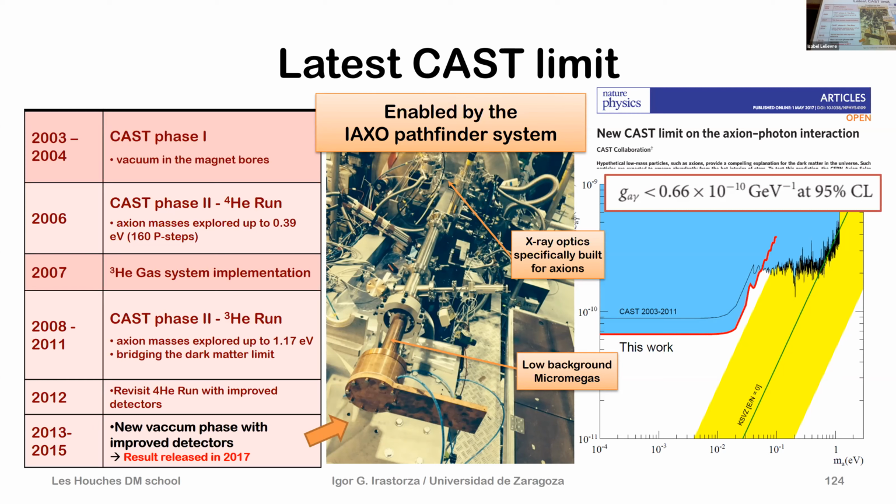This is one of the so-called micromegas detectors, with gas inside. It's a gas detector, very low background. The combination of this type of detection technology with an X-ray optics was a first in this kind of setup, and that's what allowed us to improve previous results and produce this limit.